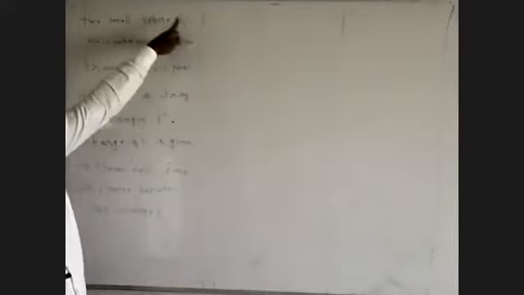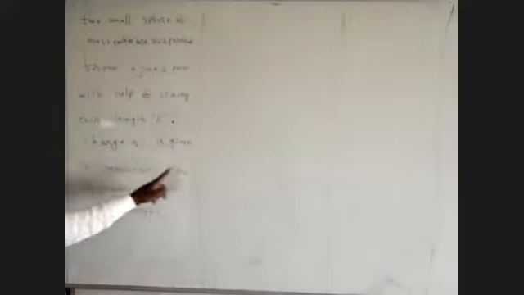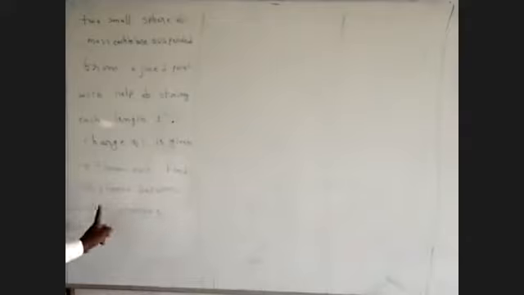So this is the problem: two small spheres of masses m each are suspended from a fixed point with the help of strings, each of length L. Charge Q is given to them, and find the distance between the two charges.